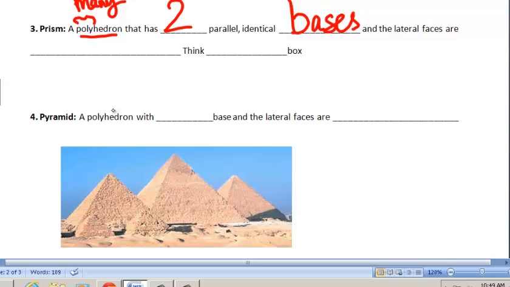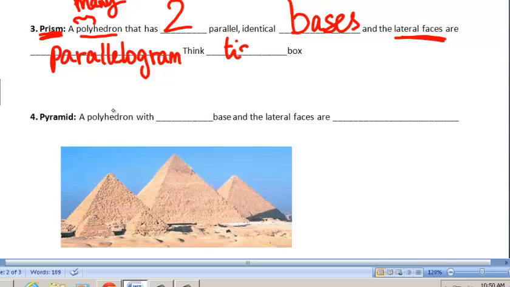Now in a prism, all the lateral faces, that means except the bases, everything else is a parallelogram. Think rectangle. Okay. All right. Now for example, think about a tissue box or your cereal box, those type of things.